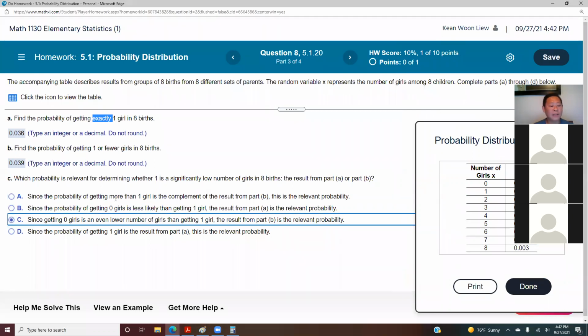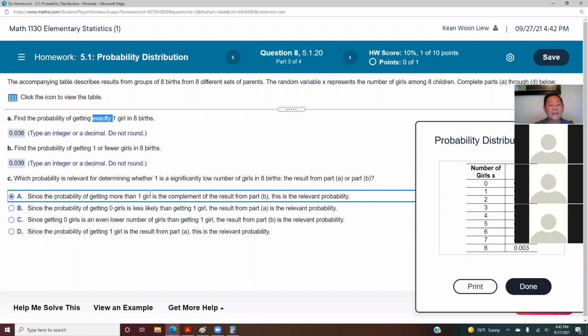So since the probability of getting more than, now we don't use more than. If you use 1 or fewer, we don't do more, we do less. So in this case, since getting 0 girls is, let me see, no, it's a complement result. This is a very play on words because of the word complement.